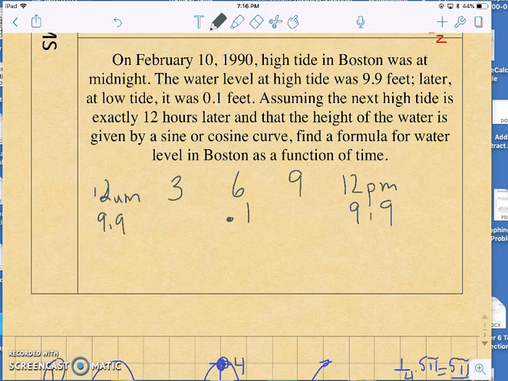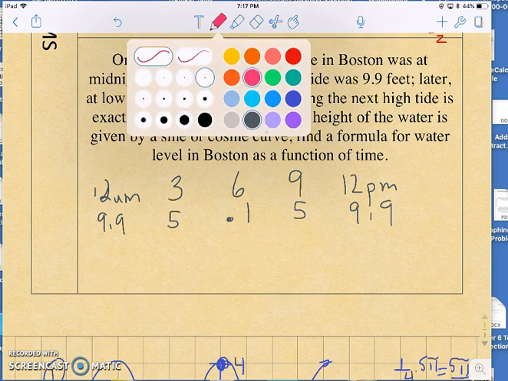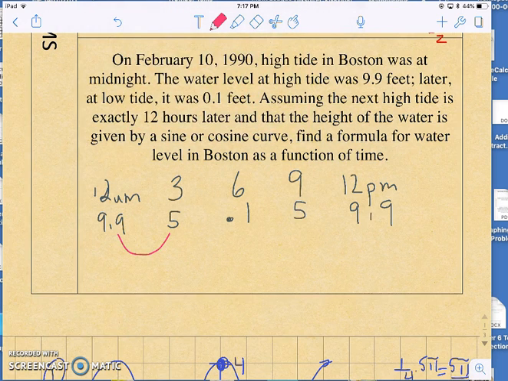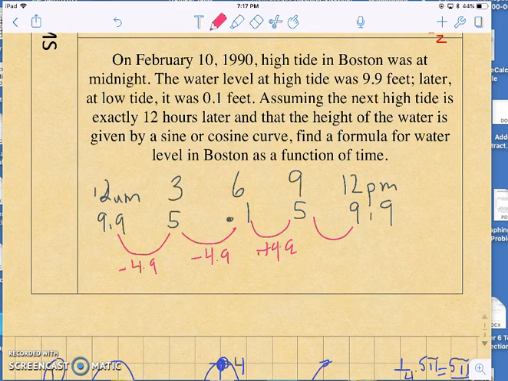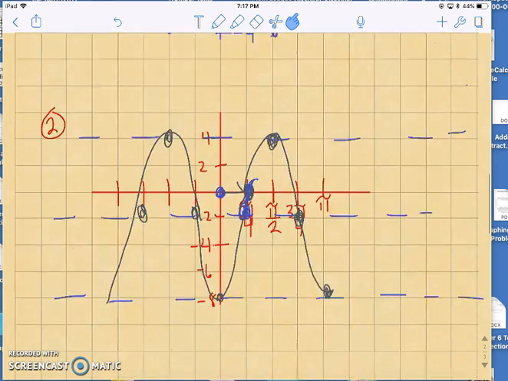Well, we could add those and divide by 2. Find that average. So 9.9 plus 0.1 is 10, divided by 2 is 5. So let's see if this works. From 9.9, it's going down 4.9, down again 4.9, up 4.9, and then up 4.9 again. All right, so we need to write a cosine curve. Our period is 12, and our amplitude, that difference between the mid and the high, is 4.9.